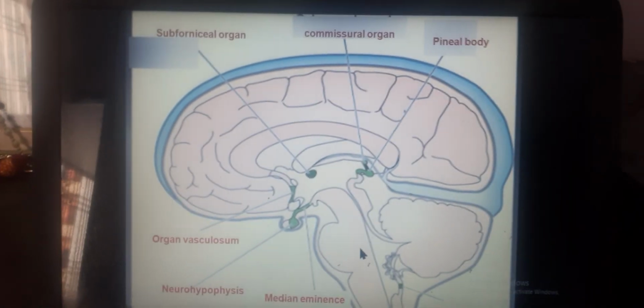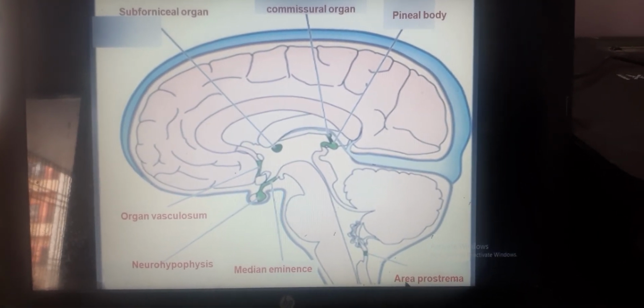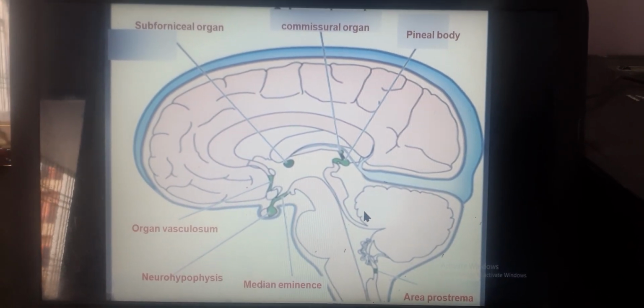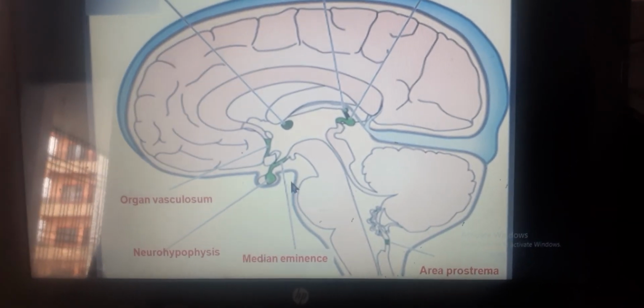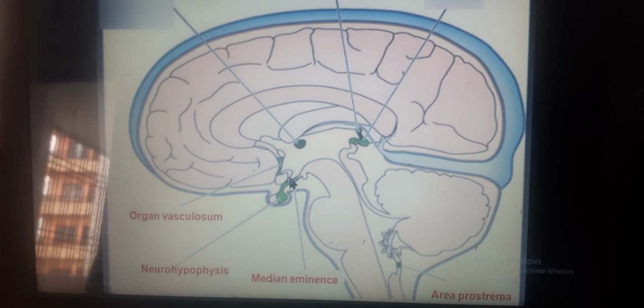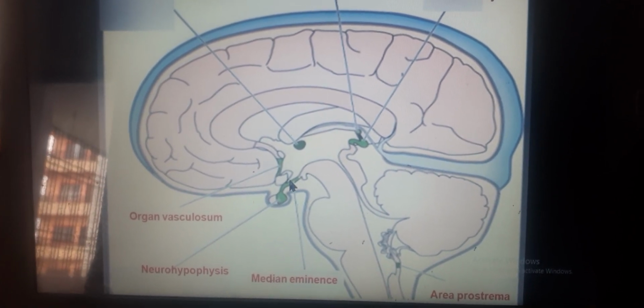So these are the circumventricular organs. Here at the roof of the fourth ventricle is the area postrema. At the floor of the third ventricle there is a swollen part, the median eminence.